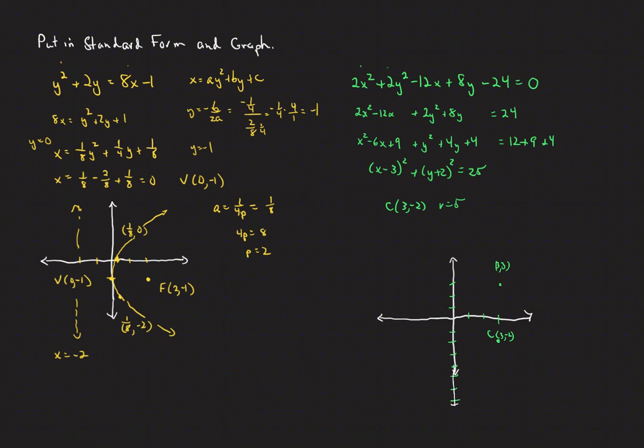So that is going to be at 3, -7. Going left 5 will be 1, 2, 3, 4, 5, at -2, -2. And then 1, 2, 3, 4, 5 to the right is going to be at, what would that be? 3 plus 5 is 8, comma, -2.